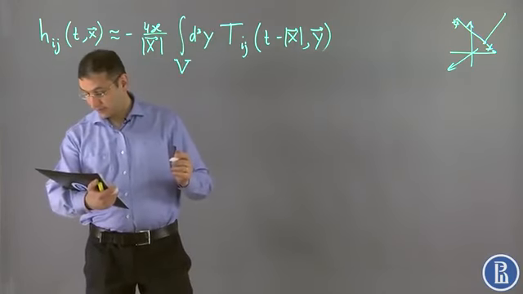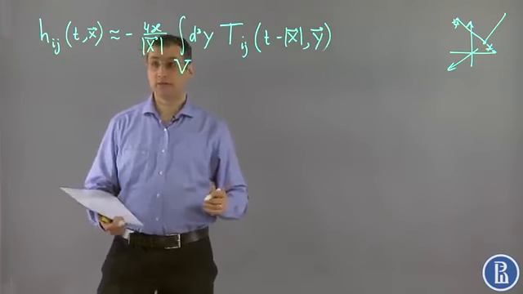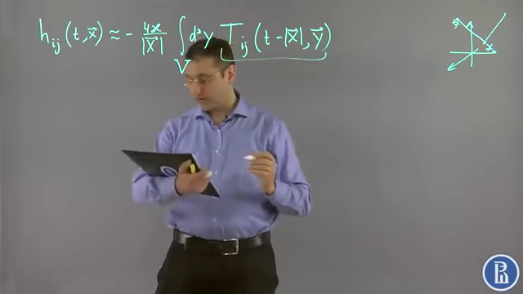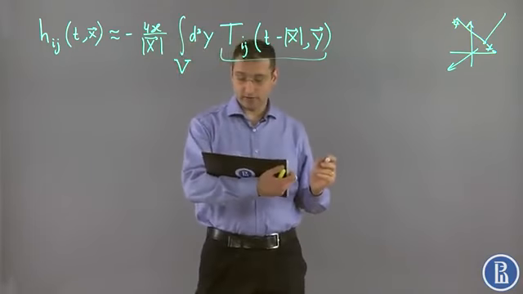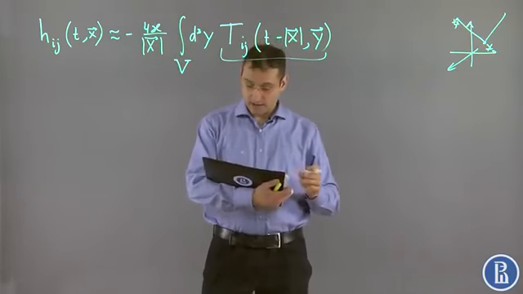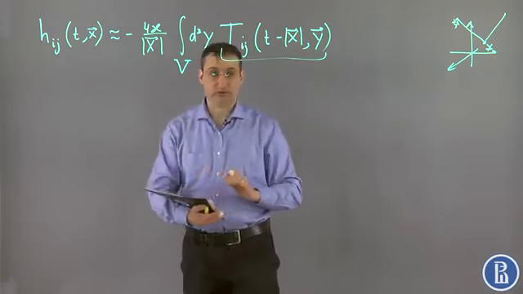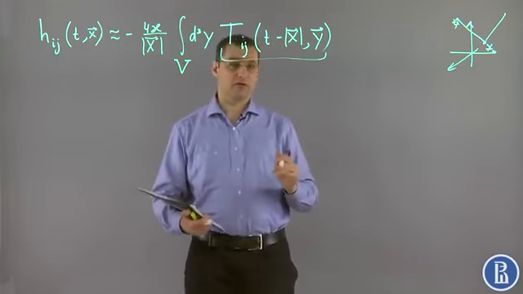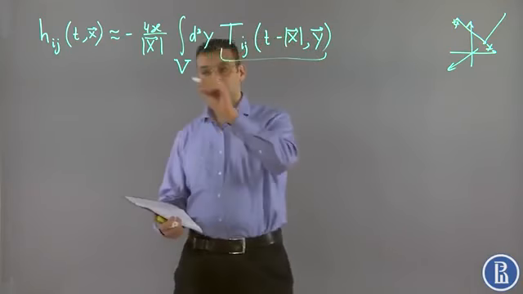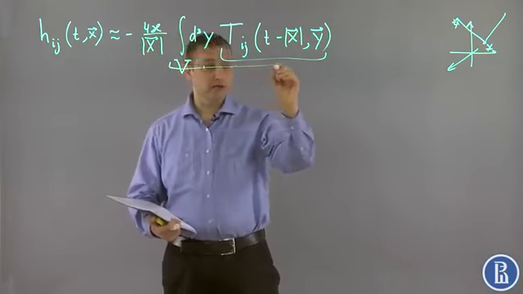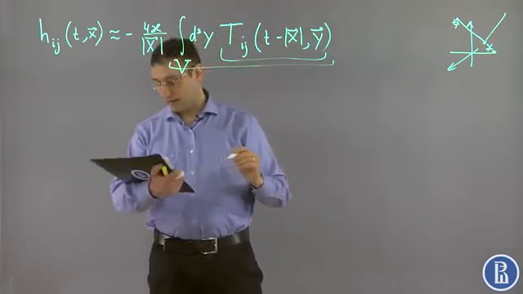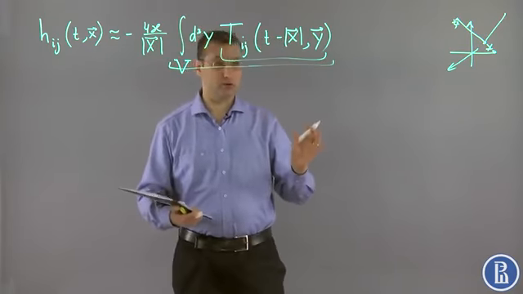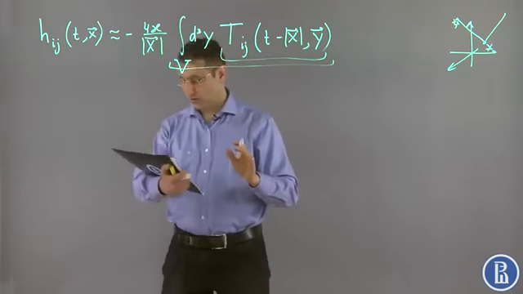Anyway, the problem with this formula is that Tij here depends on the details of motion of the radiating massive bodies. So it doesn't just depend on the mass distribution. We want to do some manipulation to express this quantity through the details of the distribution, not the details of the motion.